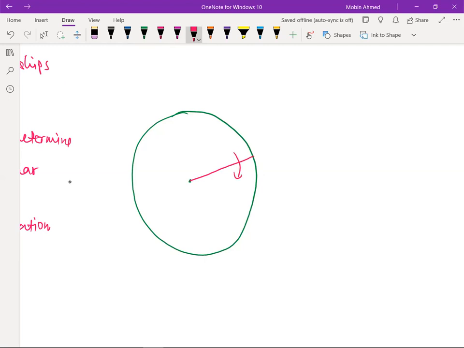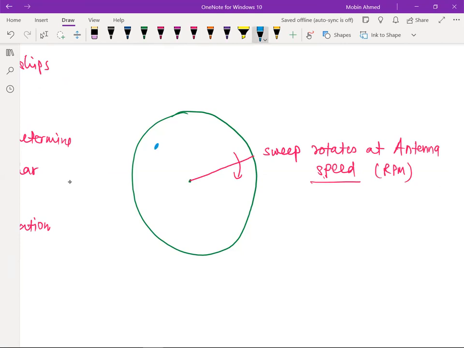This sweep is going to rotate at the antenna RPM speed. So whatever the antenna speed is, it is going to rotate at the same speed. Now suppose we are going to have some marking on this one.